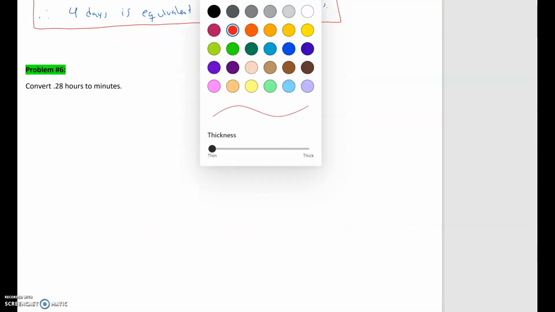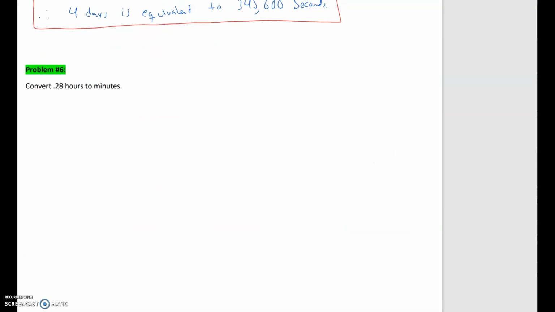And in problem 6, we're going from hours to minutes. And careful on this one because it's asking for 0.28 hours. So 1 hour is equivalent to 60 minutes.